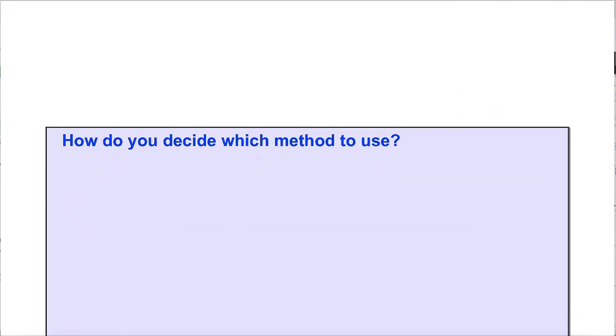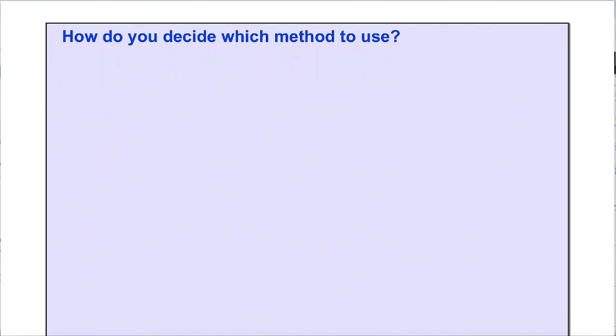So we've learned 2 methods for solving here, which means it's going to be up to you to decide which method to use. My recommendation for you is, your overall goal is to do whichever is easiest. So if one variable is already by itself, well, that means it is perfect for using substitution.